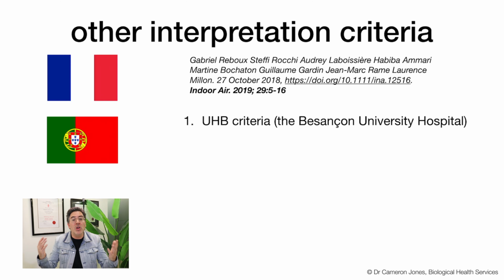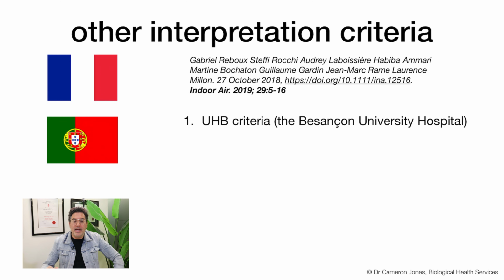This is really great research because it does provide a very good benchmark from which these thresholds jump out, and the clinicians can use these to make decisions about, for example, asthma and whether that is linked to the building environment. The first criterion is called the UHB criterion, and this was developed at a particular hospital in France.